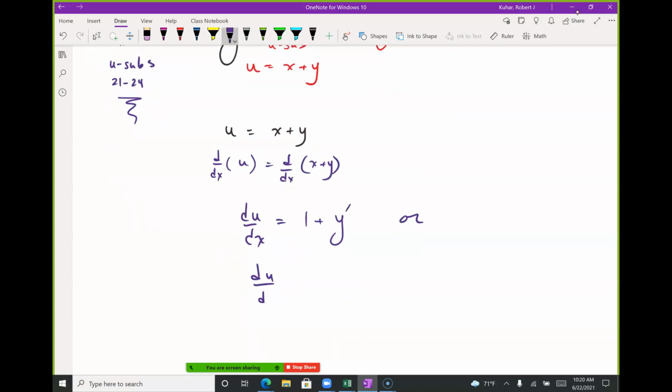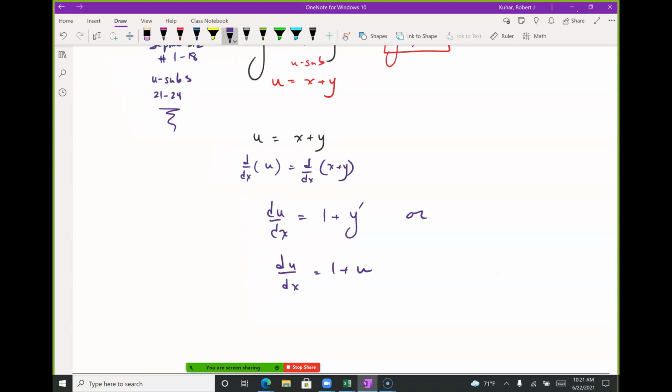Now I have du dx equals 1 plus u. And so now you can see I've eliminated the variable y completely. So that's a subtle trick, but it happens almost the same way every time.